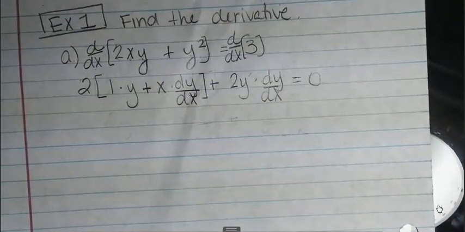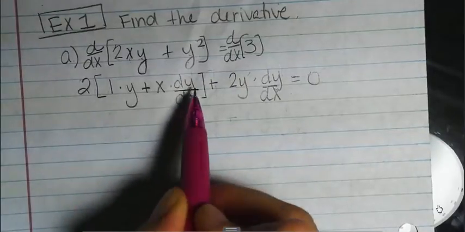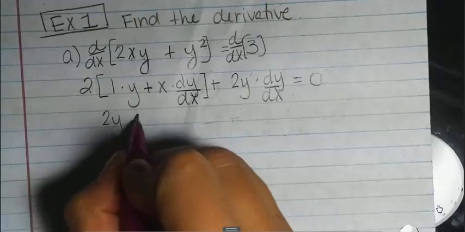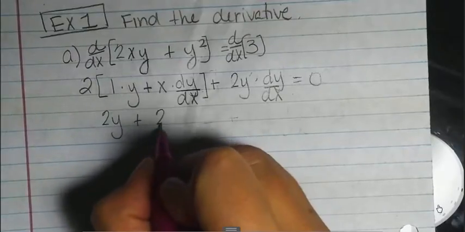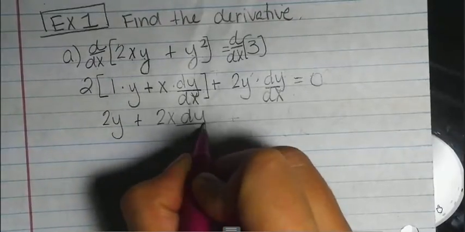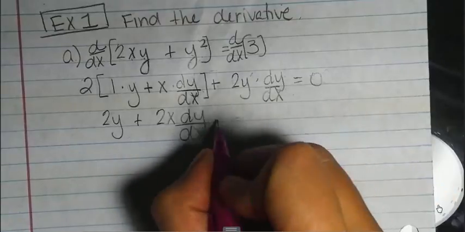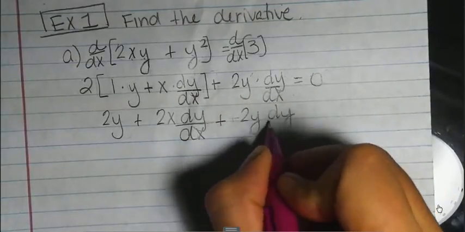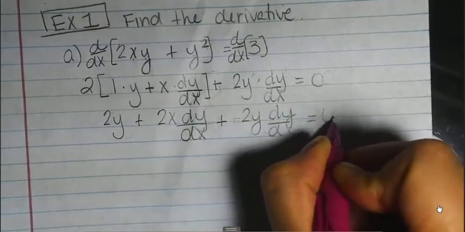Now I'm going to use the distributive property to simplify this and get rid of these brackets. So I'll have 2y plus 2x dy/dx plus 2y dy/dx equals 0.